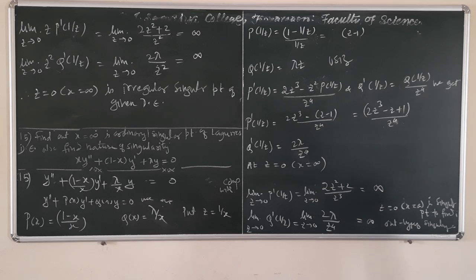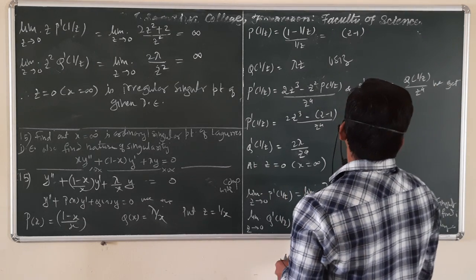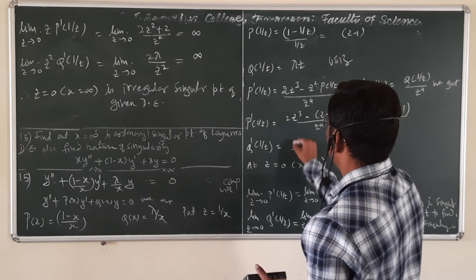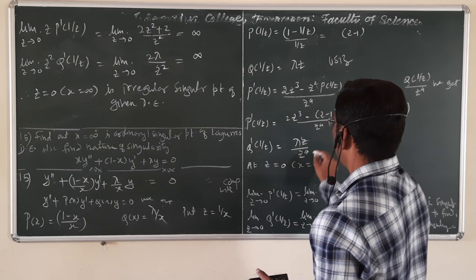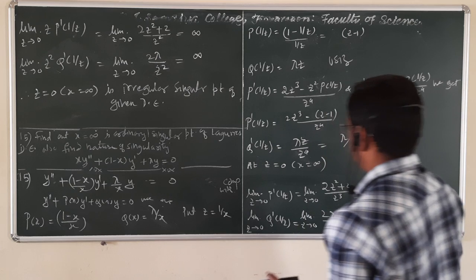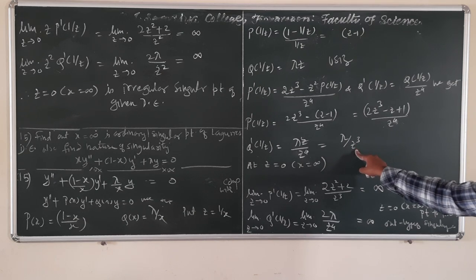And Q dash of 1 upon Z is lambda into Z divided by Z raised to 4, which is lambda upon Z cube.